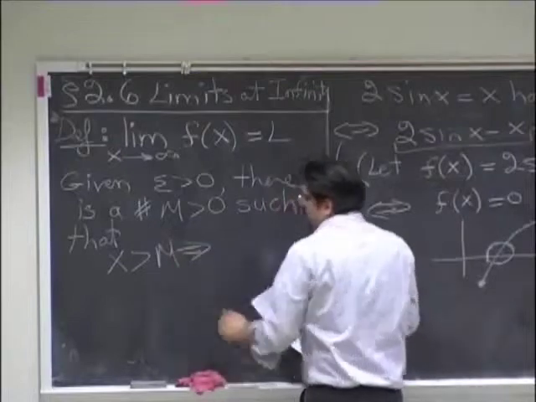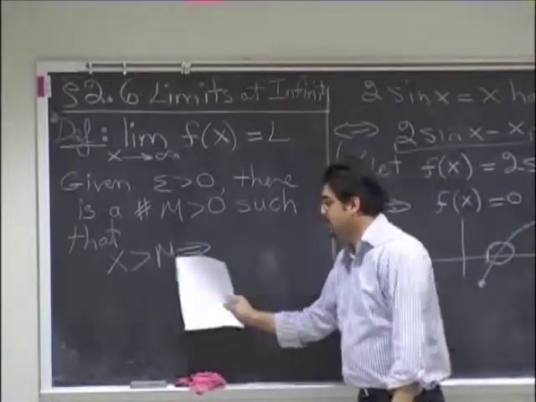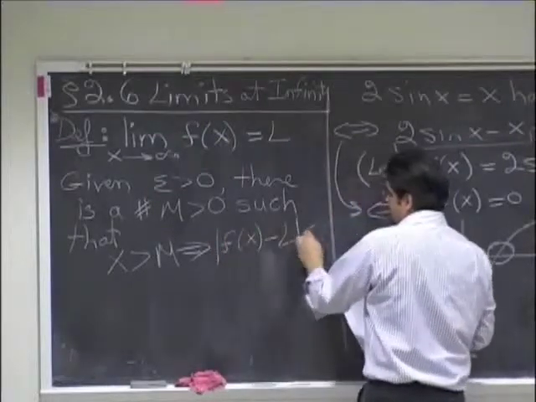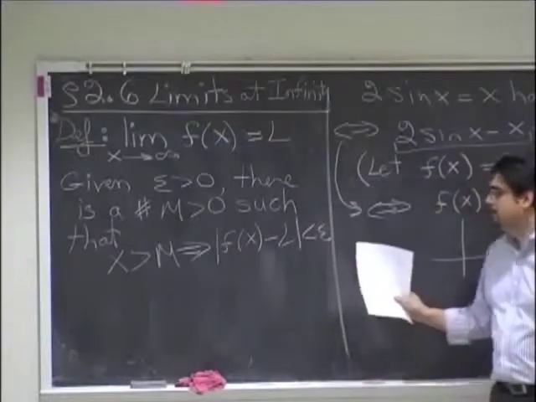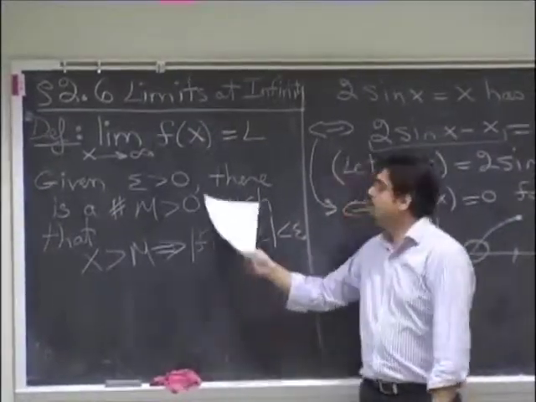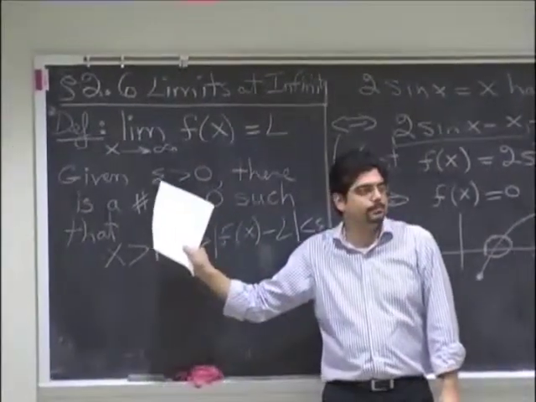So given epsilon greater than 0, there's a number M such that x greater than M implies that this function value is as close to the limit as I want. All I have to do is just make x larger. The closer I want f to be to L, the larger I make x.